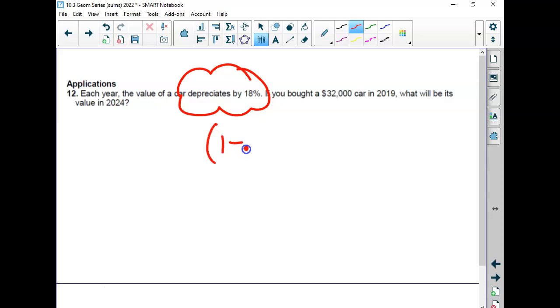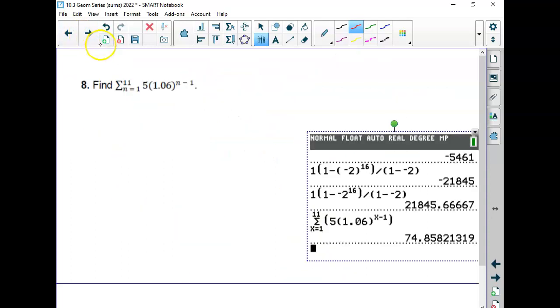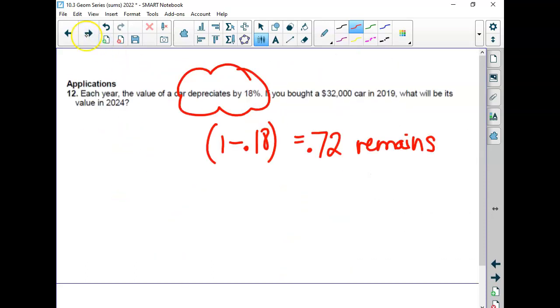You do 1 minus 0.18, because 72% remains. Does this sound familiar? If something is growing by 5% or 6%, that looks like this, right? 1.06. So that's the first thing students struggle with. This is going to be our R value.